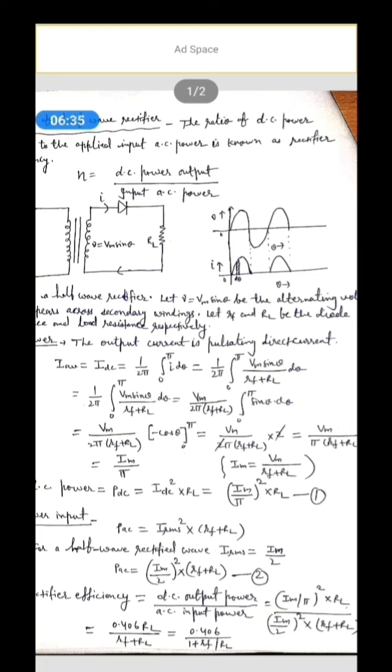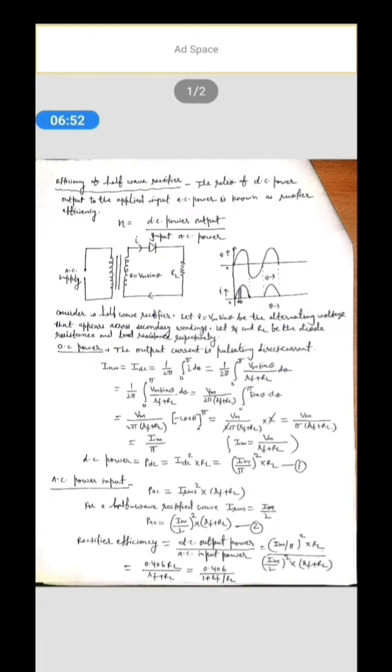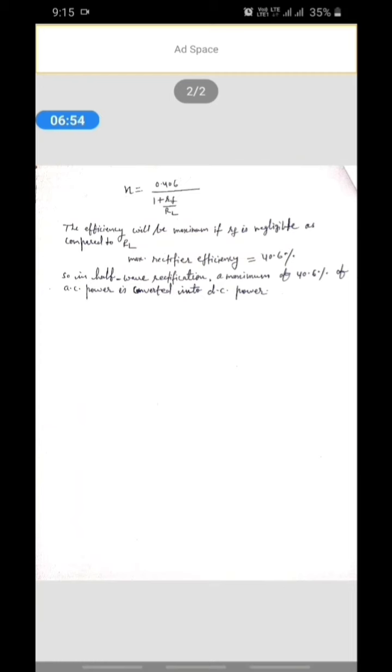So the efficiency for the half wave rectifier comes out to 0.406 divided by 1 plus RF divided by capital RL.